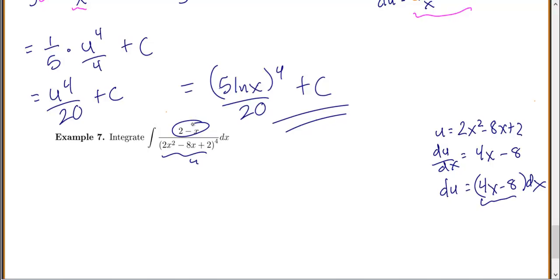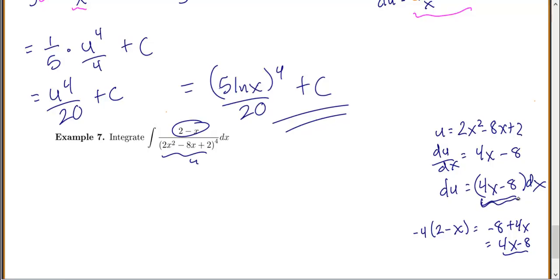What if I times this 2 minus x times negative 4? So what is negative 4 times 2 minus x? That would be negative 8 plus 4x, or 4x minus 8. Now that does match our du.